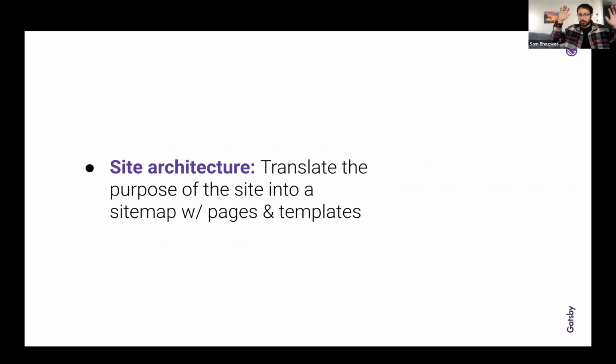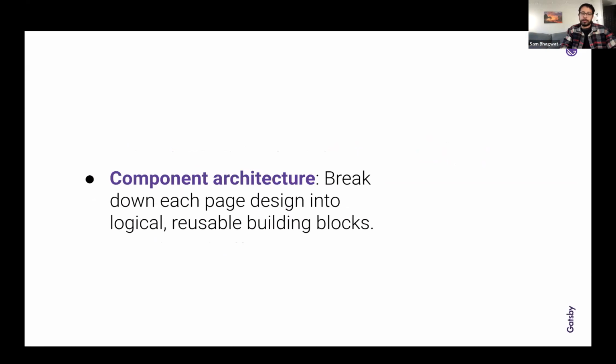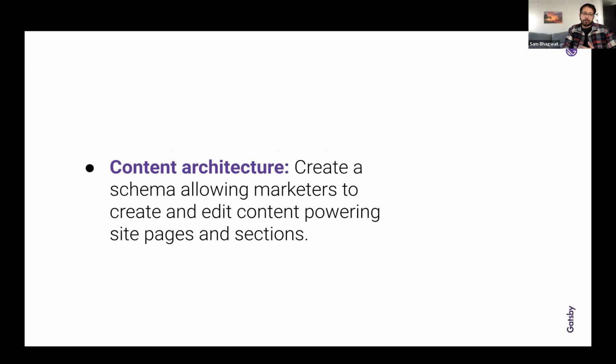Here's the site purpose. What is the sitemap going to look like? What are the pages we need? What are the templates we need? Once we do the design, how do we break that design down into the right building blocks? And then how do we create the content schema that allows marketers to have smooth workflows? Ultimately, these things really impact quality of life in operating the site day to day, either as a developer or as a marketer, and play a large part in whether a website project is seen as successful or not.